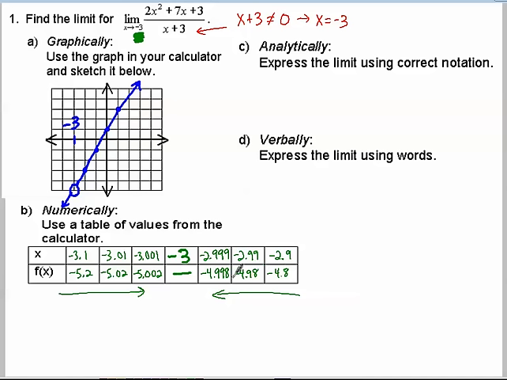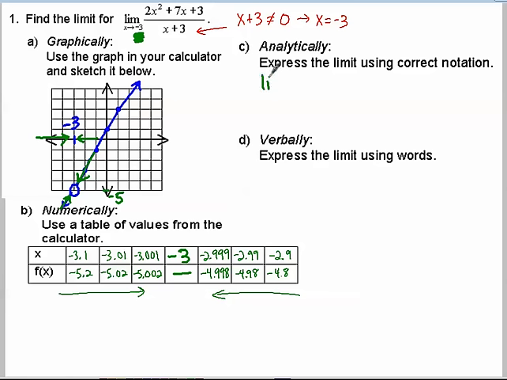Coming from the right, it looks like the y values are getting closer to negative 5. So looking at the graph, again, as I come from the left of negative 3, my function looks like it's getting closer to negative 5. Coming from the right of negative 3, it looks like my function is getting closer to negative 5.